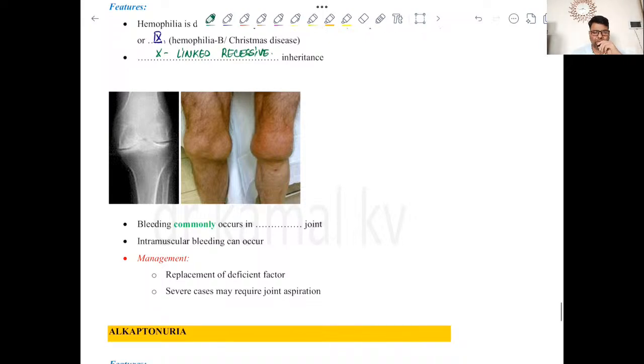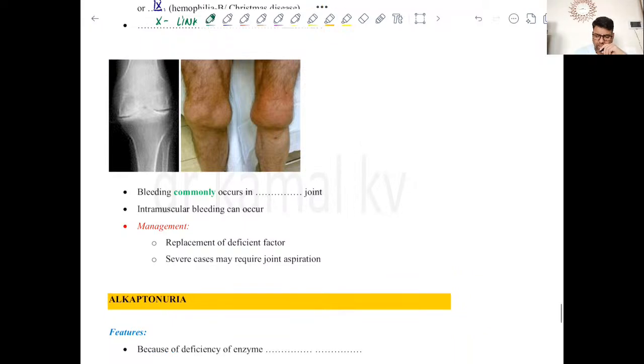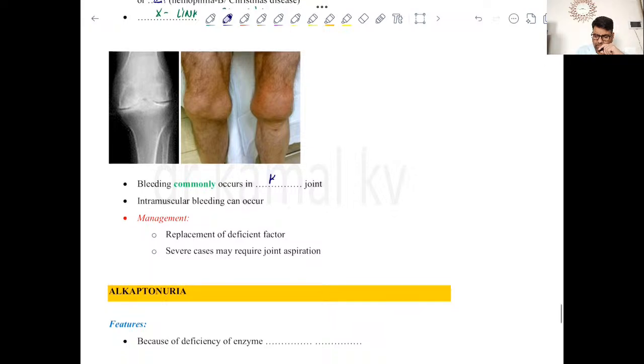So when you see a case of hemophilia, you will always see that it is a male, and there is bleeding tendency, of course, and this bleeding usually occurs in joints, especially the knee joint, right? So you can see here there is classically involvement of the knee joint.